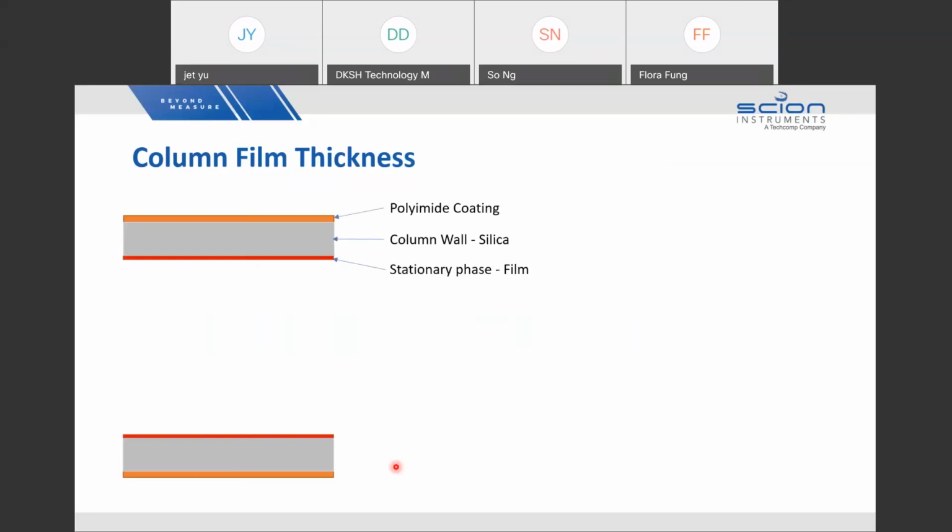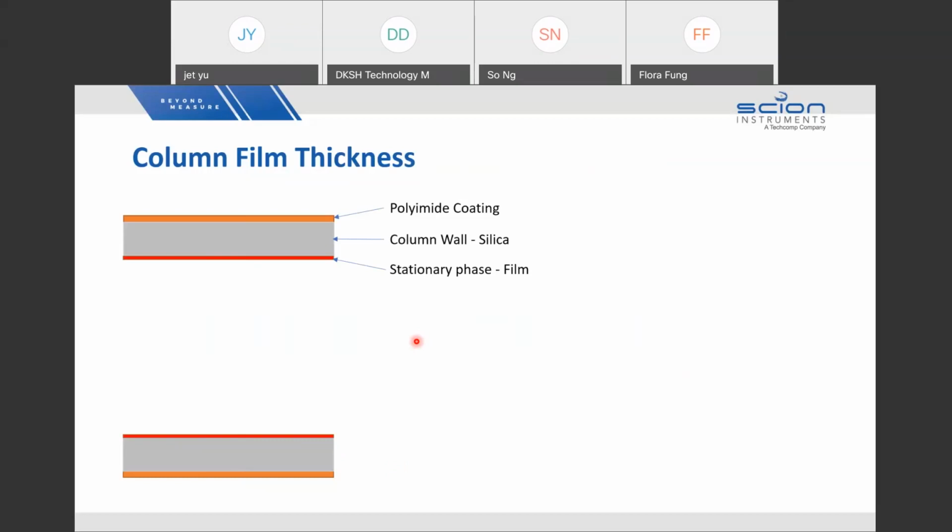This is a column I amplified to show what it looks like in terms of design and coatings. The outer layer is a polyimide coating, the golden yellow one, which provides the mechanical strength.